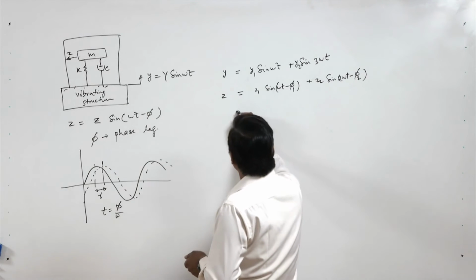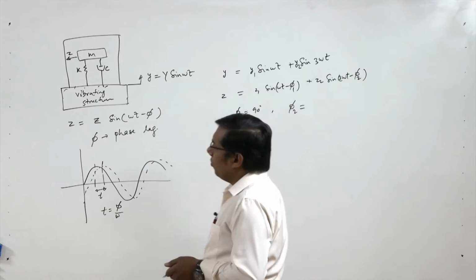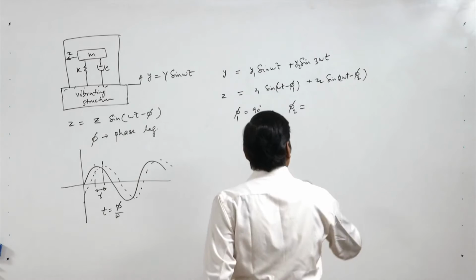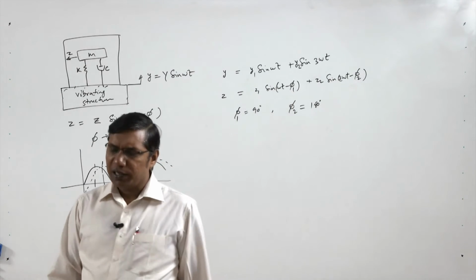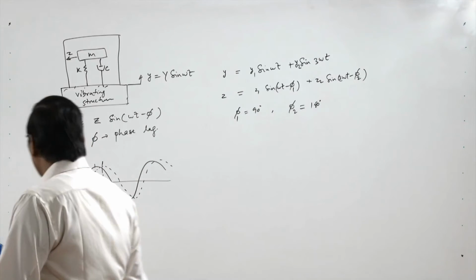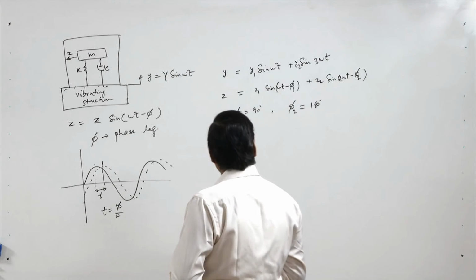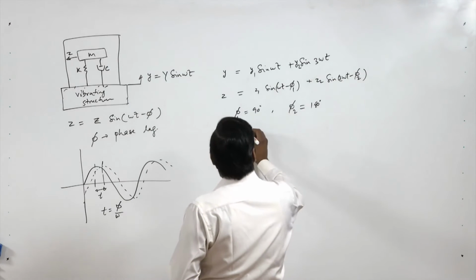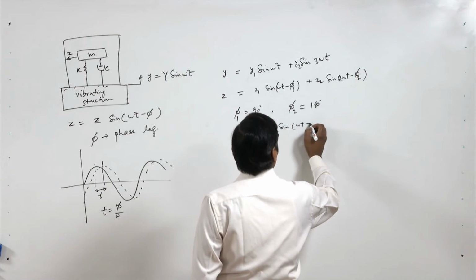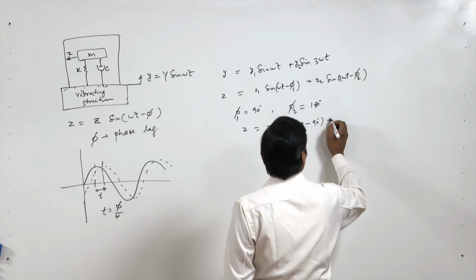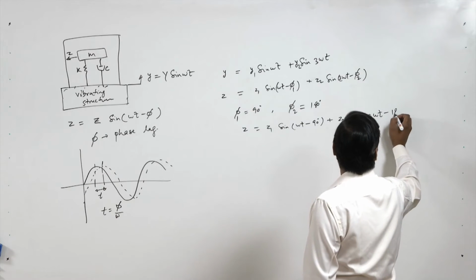Now let us say phi 1 equal to 90 degrees and phi 2 equal to 180 degrees, because this phase difference will be different. So we will have Z equal to Z1 sine omega t minus 90 degrees plus Z2 sine 3 omega t minus 180 degrees.